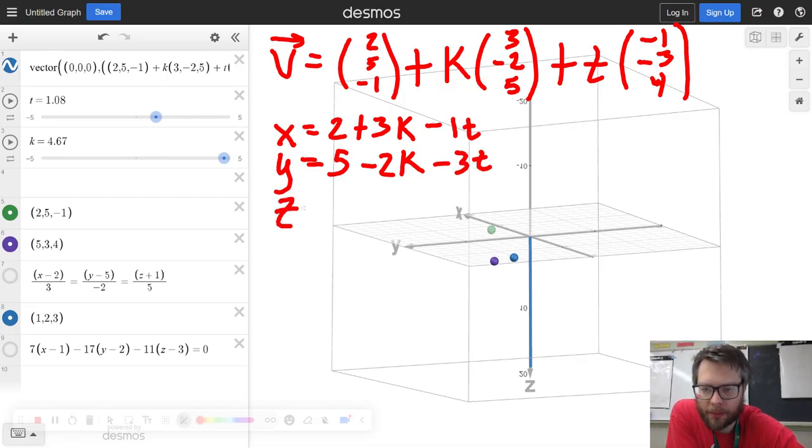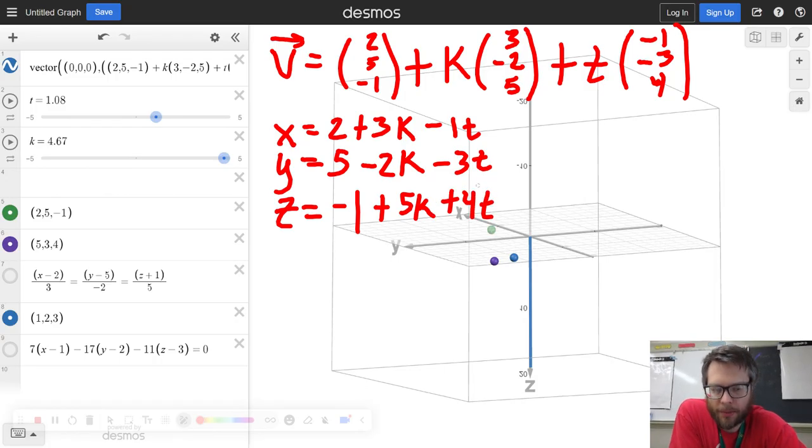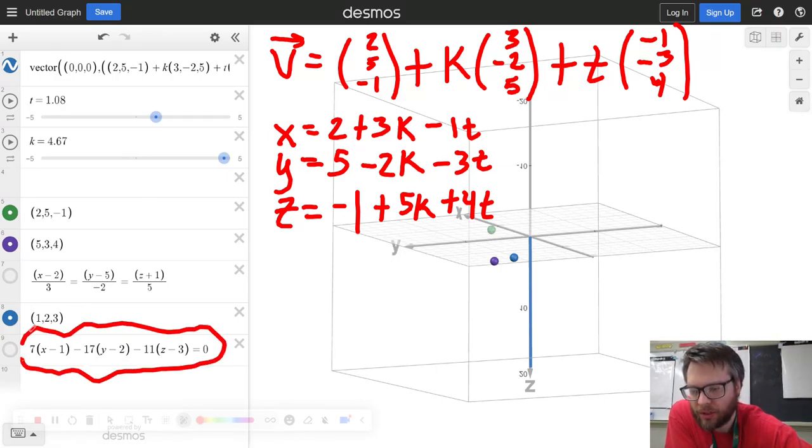And the bottom row can be written as z equals minus 1 plus 5k plus 4t. And what I'm going to do is just use your basic Algebra 1 skills, your elimination skills, to get rid of k and to get rid of t, and eventually we'll get an answer that is equivalent to the one that we got with the cross product.